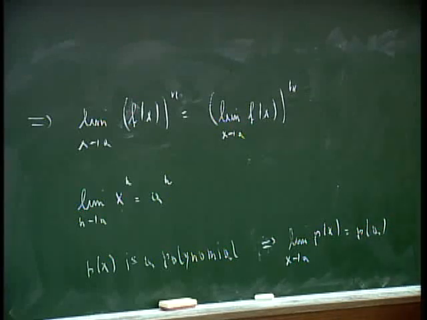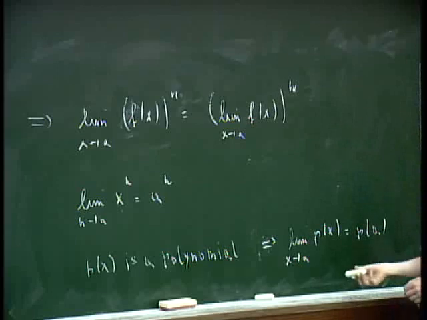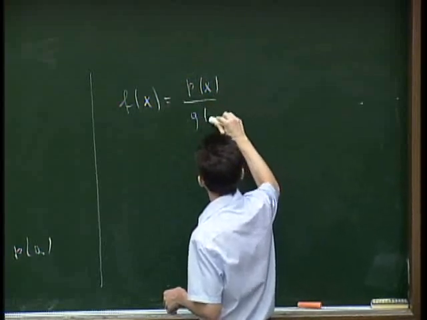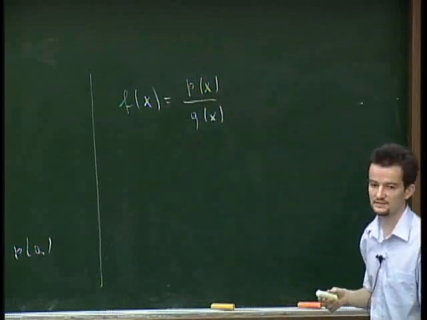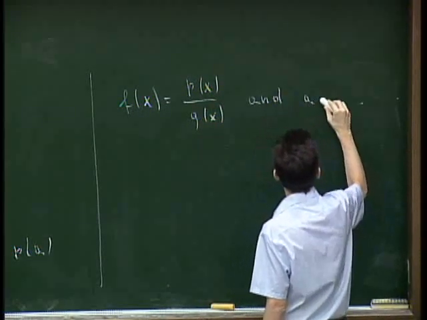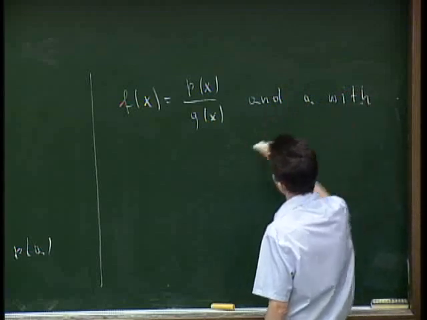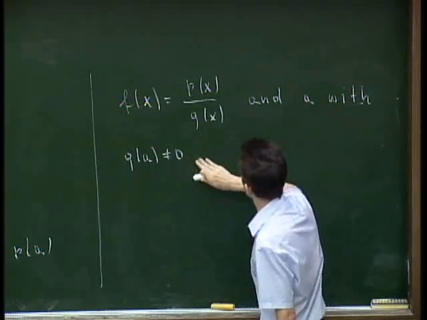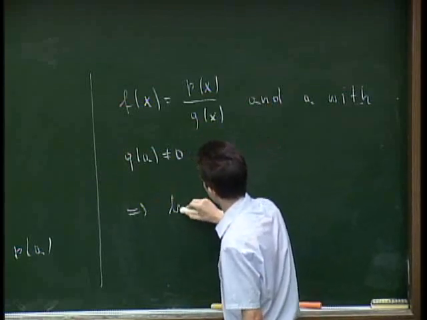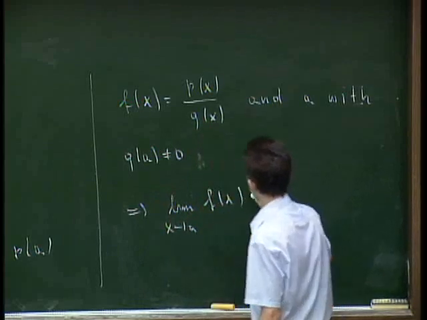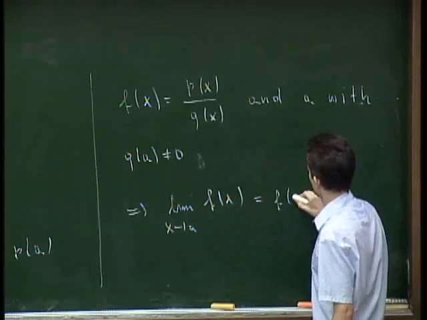Okay. Then if you look at a rational function, a rational function is a quotient of two polynomials, f equals p over q, with q of a not equal to 0, then we have that the limit of f of x as x tends to a is equal to f of a.